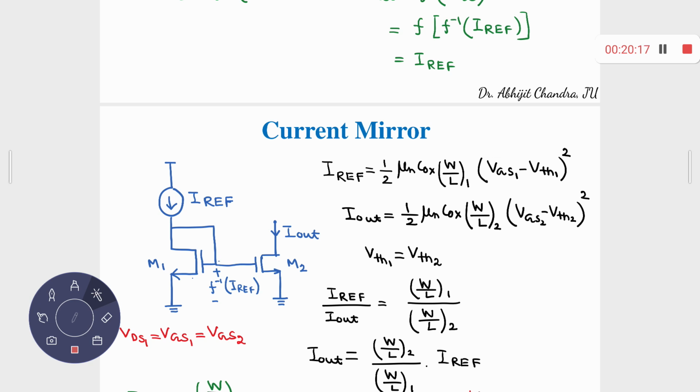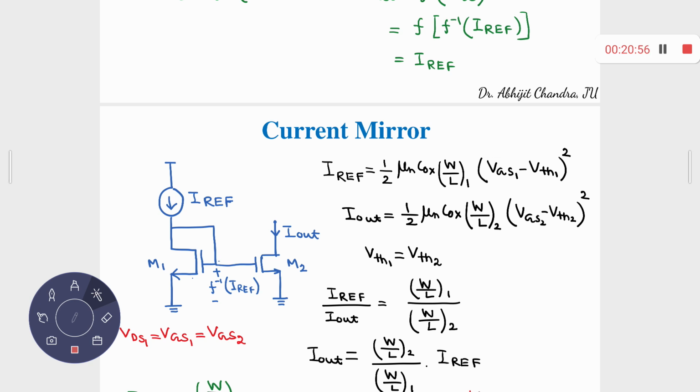Now, consider I out is equal to I reference into W by L2 by W by L1. If I reference is a constant current, so a stable current source, and W by L1 upon W by L2 is not at all a temperature or supply dependent parameter, then if I reference is a stable current source, so is I out, and you can have so many such copying circuits.